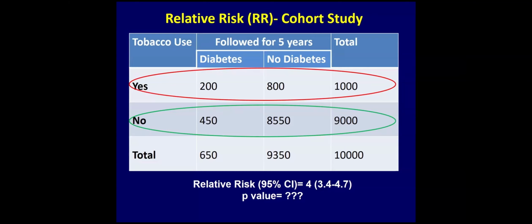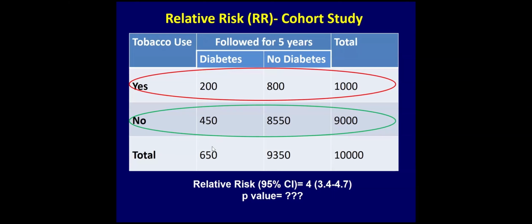This is the advantage of giving a confidence interval for your measure of association. Is that okay? Most of the time when you are using cohort studies, you use relative risk. Don't use odds ratio when you are running a cohort study. Okay, it's always relative risk.